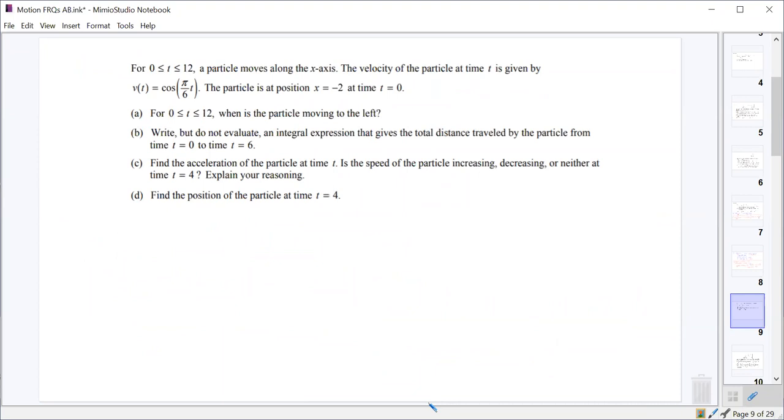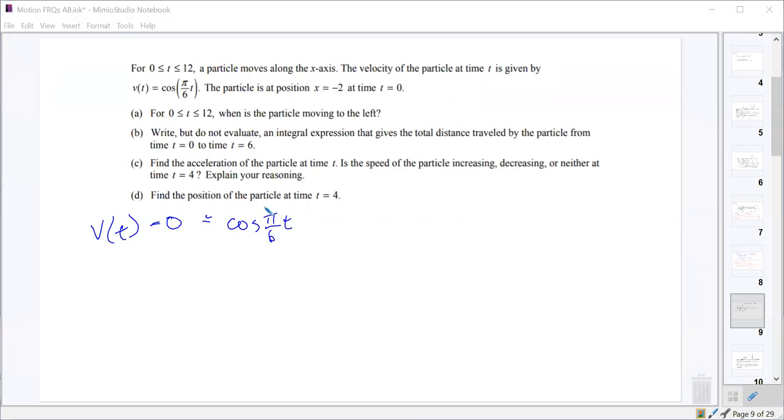So, non-calculator, we're given a velocity, given an initial position. We want to know when is the particle moving to the left between 0 and 12. So it's moving to the left whenever v of t is negative. In order to figure out when it's moving to the left and to the right, we need to figure out when it stops, when it's 0, to see when it can change directions between left and right. So we'll set v of t equal to 0. So we're going to look for when does cosine of pi over 6 t equal 0.